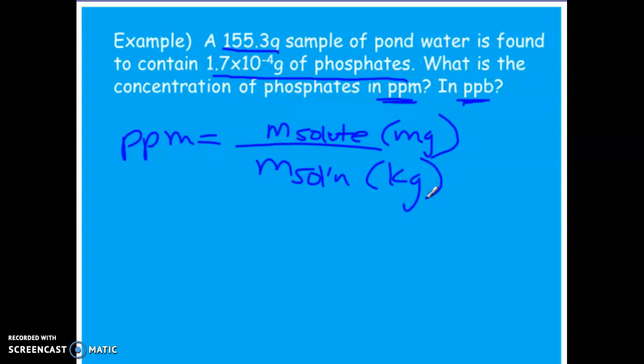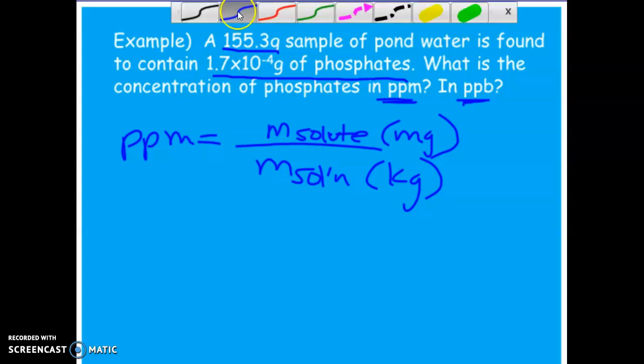So concentration, no matter what type it is, is always solute over solution. It's just in this case, we're dealing with milligrams per kilogram, which is going to give us our concentration in ppm. So our concentration in ppm is going to be our, oh, pardon me, we have to do our conversions. I just finished talking about that and then we didn't do it.